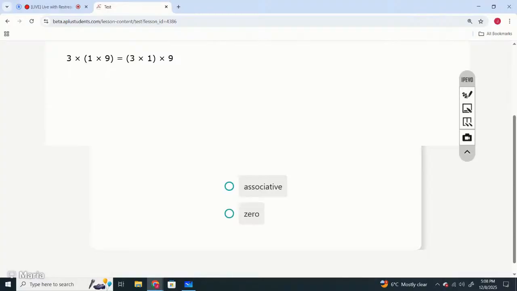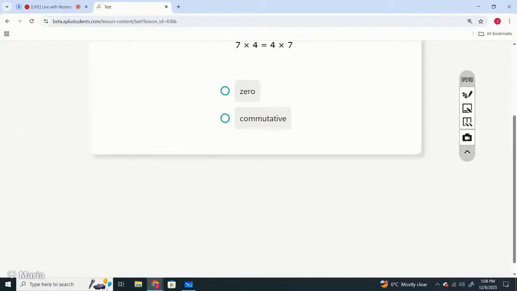So which is the correct option? The correct option is associative property. Option number 1 is the correct option.